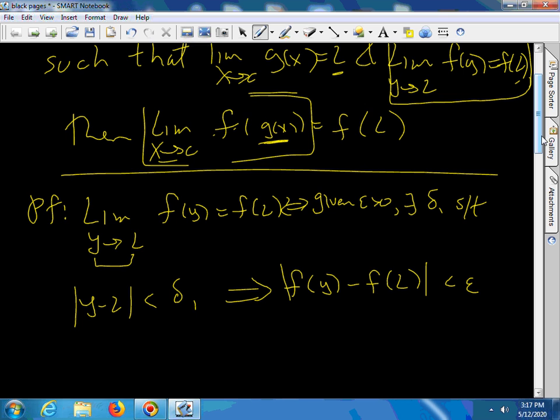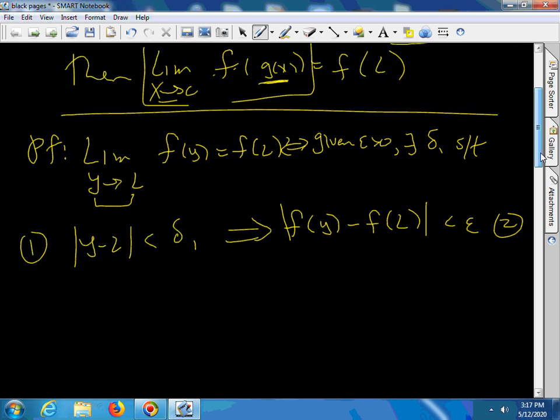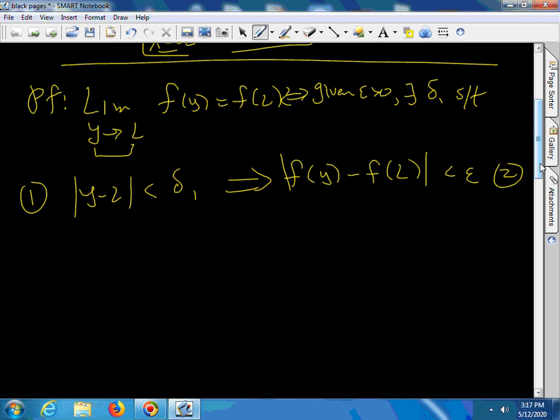I'm going to call this statement 1, and on the right side, statement 2. But we're going to rewrite these a lot.